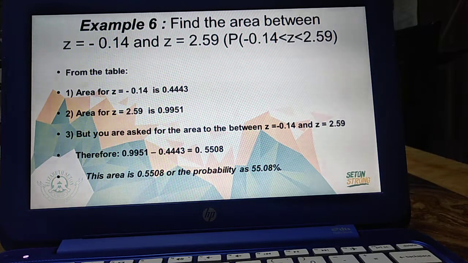So again, in number 6, you are to find the area between the z-scores negative 0.14 and 2.59. So our graph would look like this.